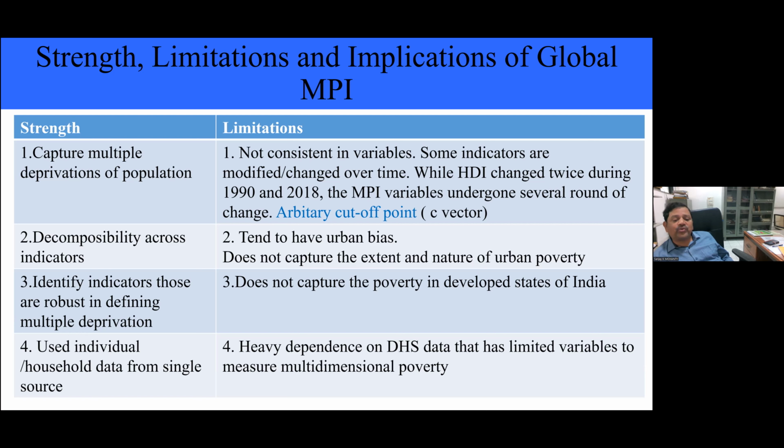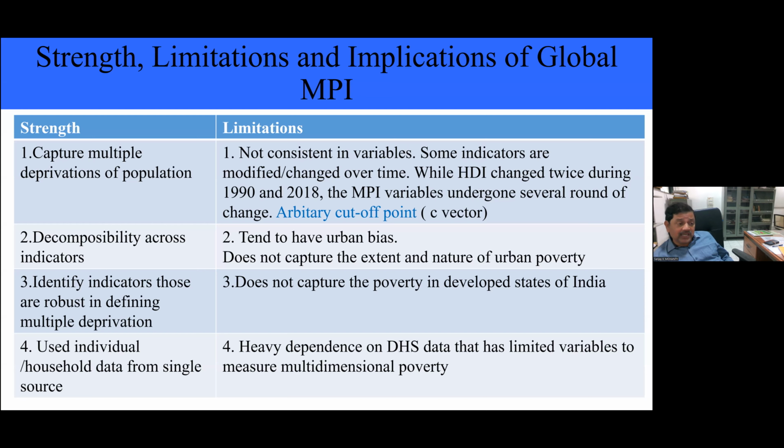However, these estimates tend to have an urban bias, and it is not able to capture the extent and nature of urban poverty, because we know urban poverty is much more complex.